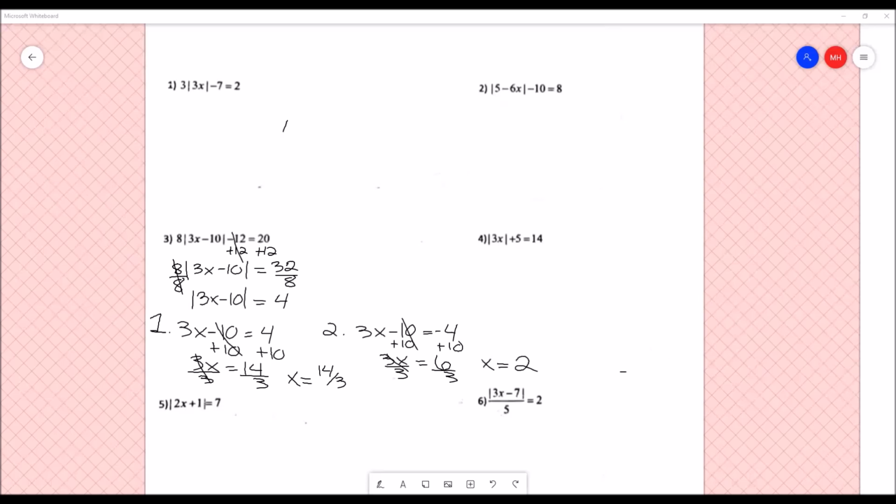Once again, you can always plug it in, double check that your answer works. So if I plugged in that 2, I should get 3 times 2 minus 10 inside my absolute value, but 6 minus 10, which is now the absolute value of negative 4, times 8, minus 12.